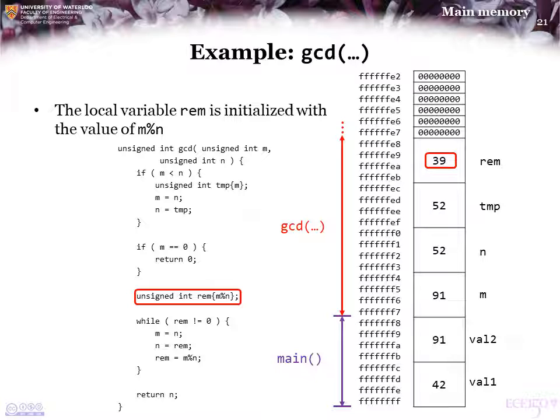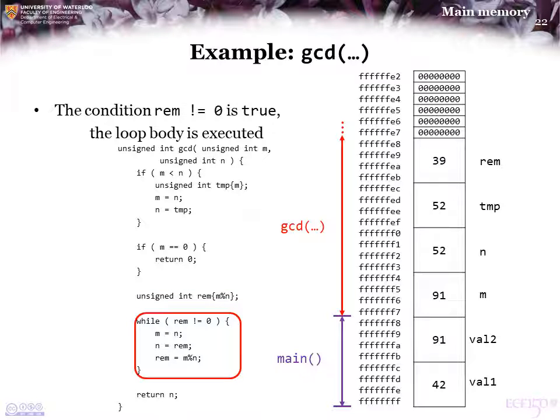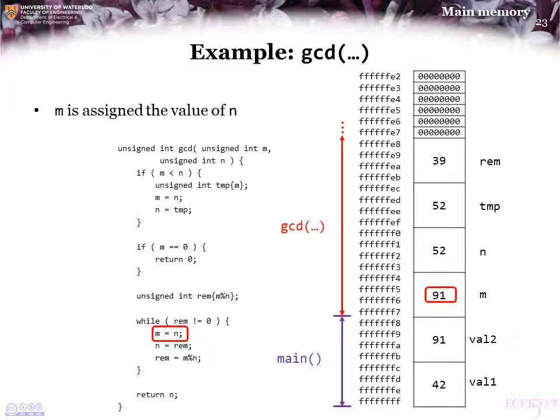All right. Next, we'll go to the while statement. The while statement has a condition. We check, is rem not equal to 0? Yes, it is non-zero, and therefore we will execute the loop body. m is assigned the value of n, so it's assigned 52. n is assigned the value of rem, which is 39.